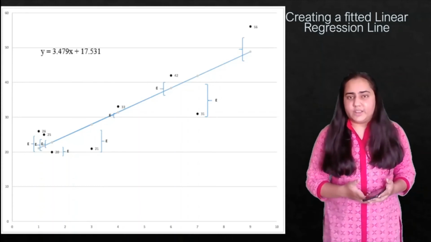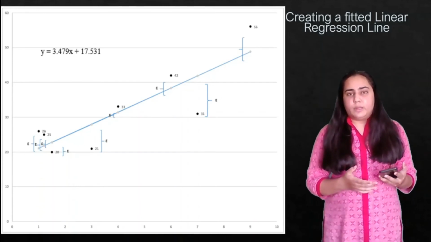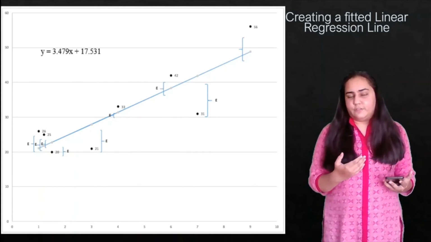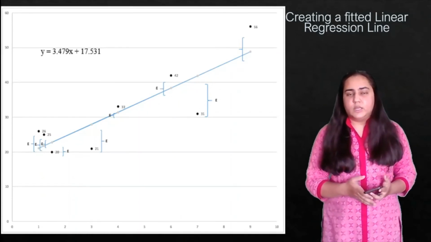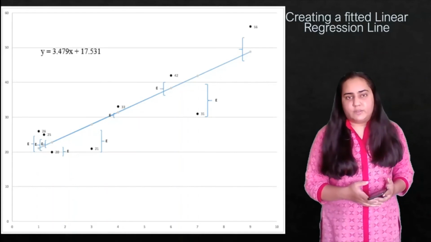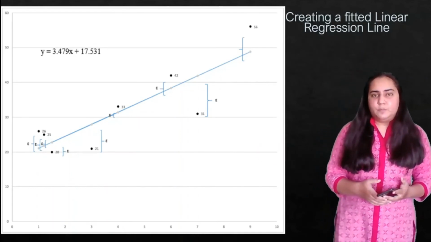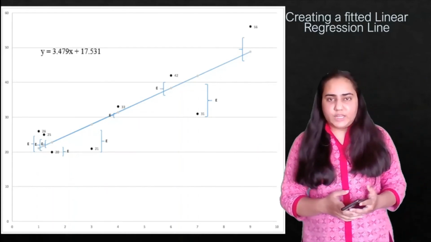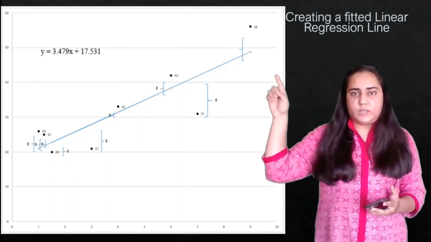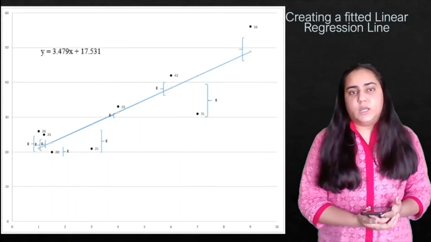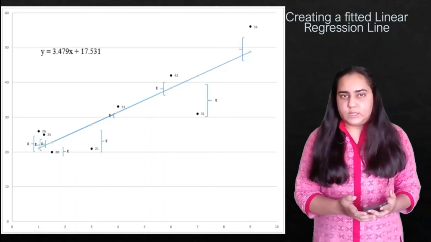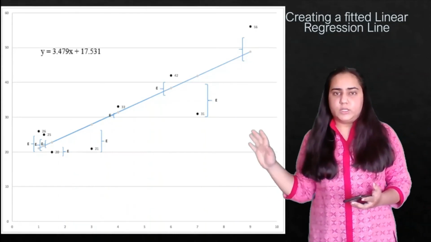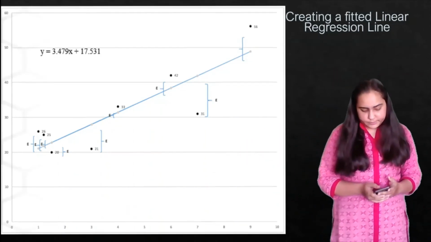But you want a line that is close enough to all the data points, the closest possible. So that's what you're trying to achieve here. And this line has been created for the linear regression line you can see right there on top, which is y is equal to 3.47x plus 17.531. So that's the regression line for which this graph is created.